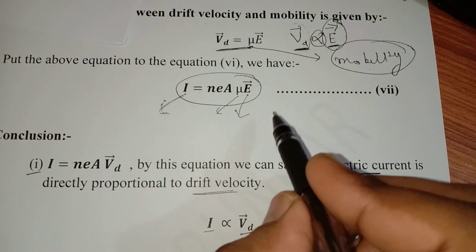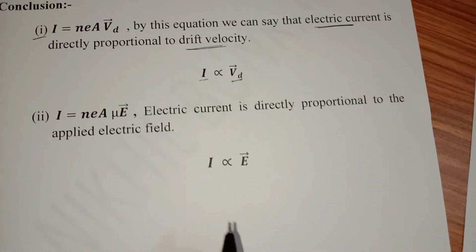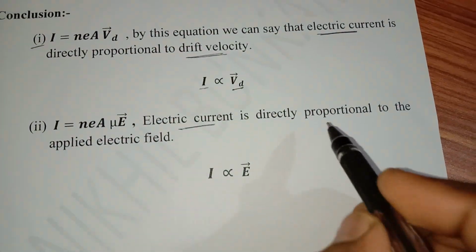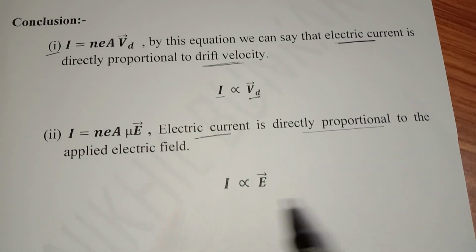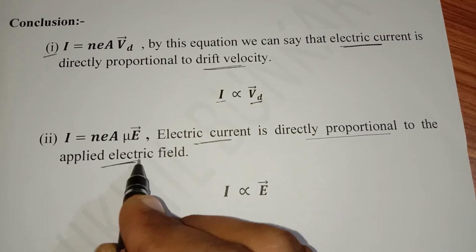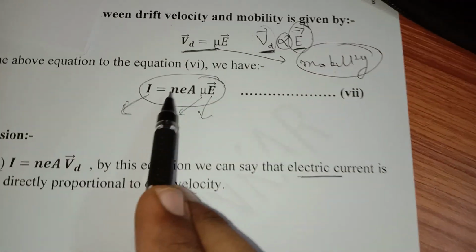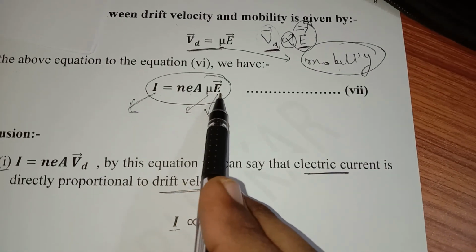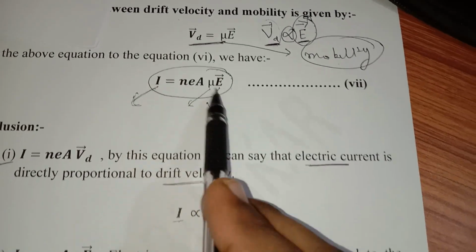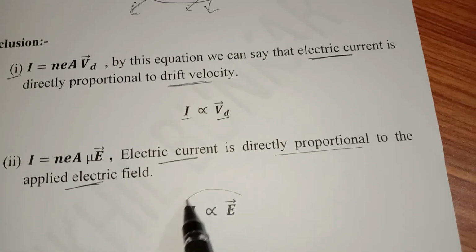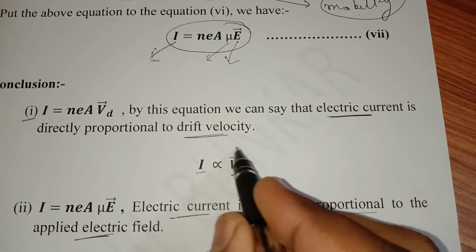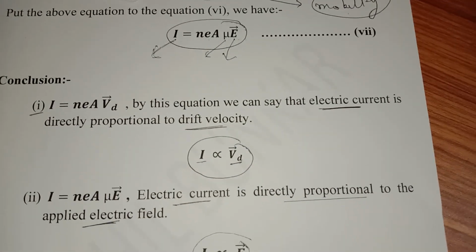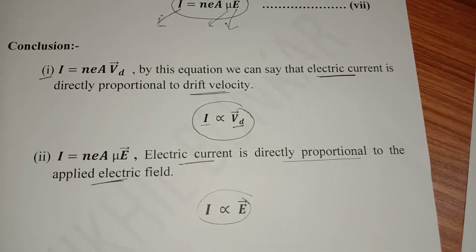Now, according to equation 7, the electric current is directly proportional to the applied electric field, because the equation is I equals NeA mu E. So the electric current is directly proportional to the electric field, and also directly proportional to the drift velocity. So this is all about today's lecture.